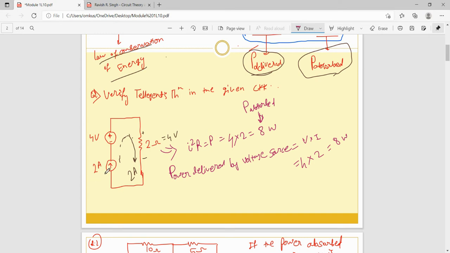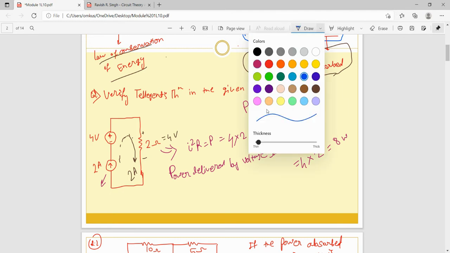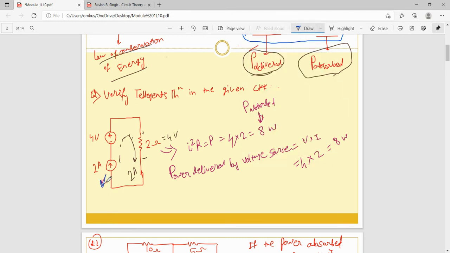So what is the voltage drop across this 2 ampere current source? See, these two are already balanced, power delivered and power absorbed.